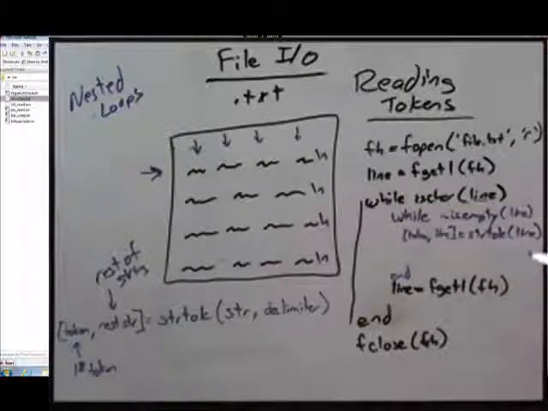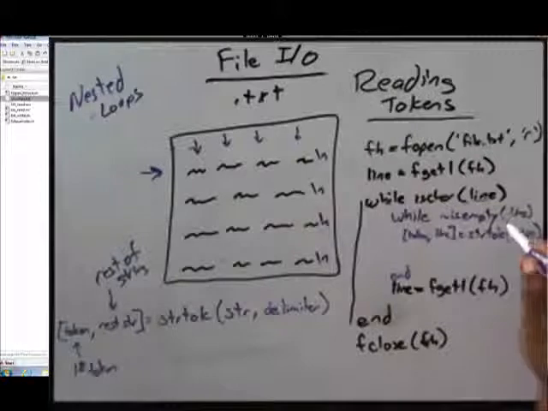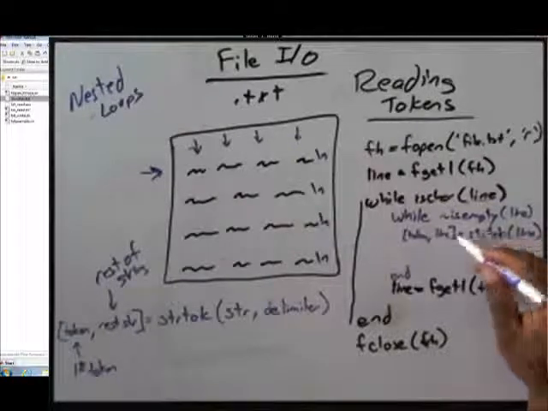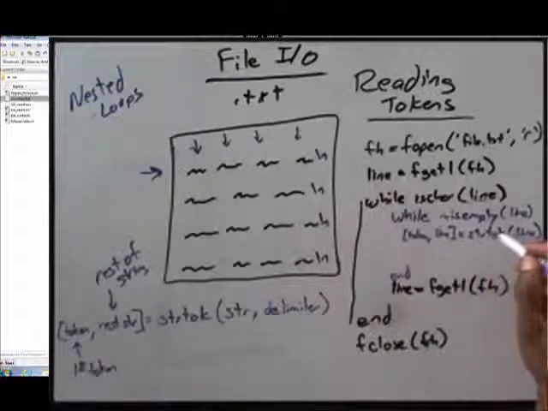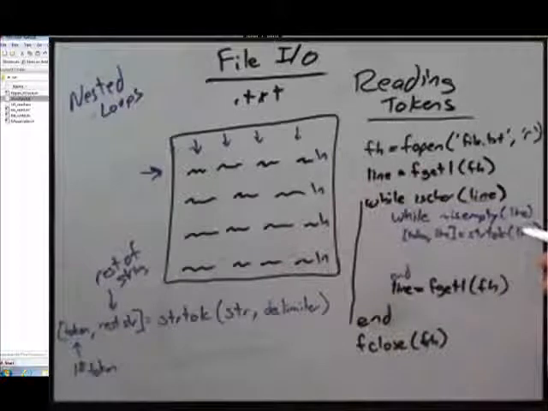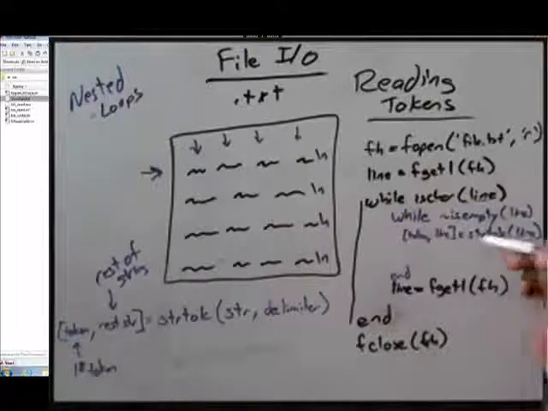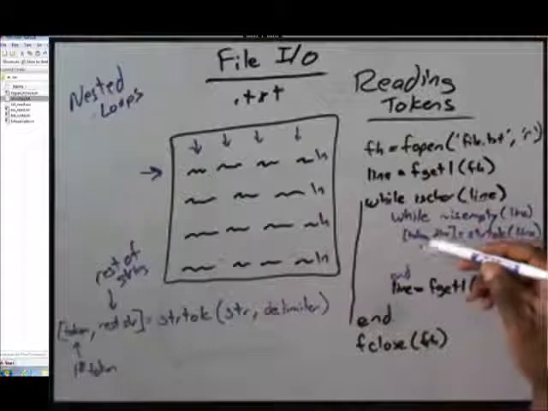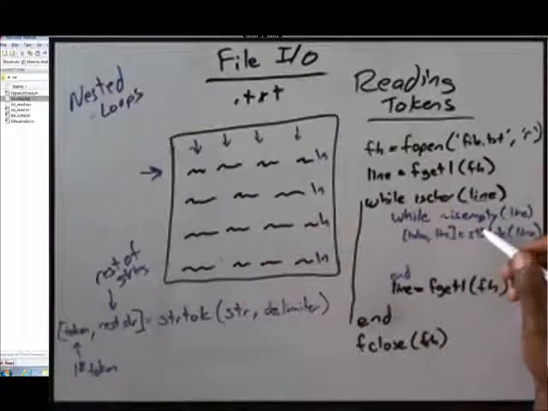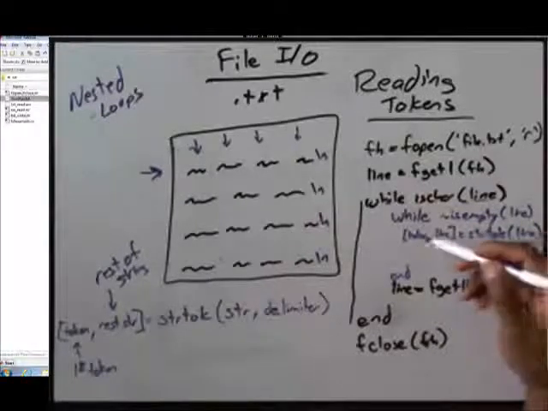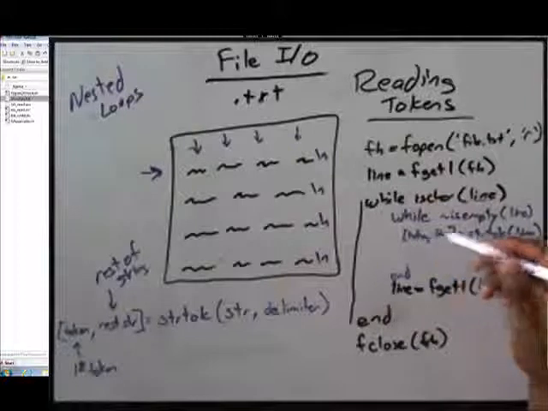Once again we're assuming the delimiter is a space. If not, then we have to change this. So every time you execute this line, it's going to get the first token. What it does is it removes the first token and gives you the rest of the line.